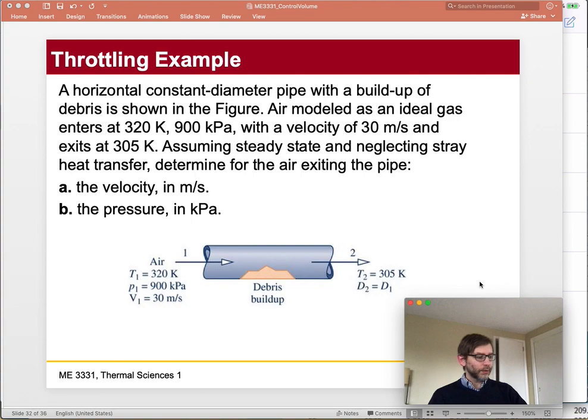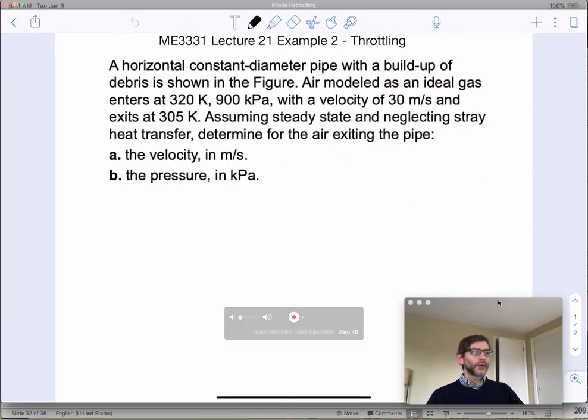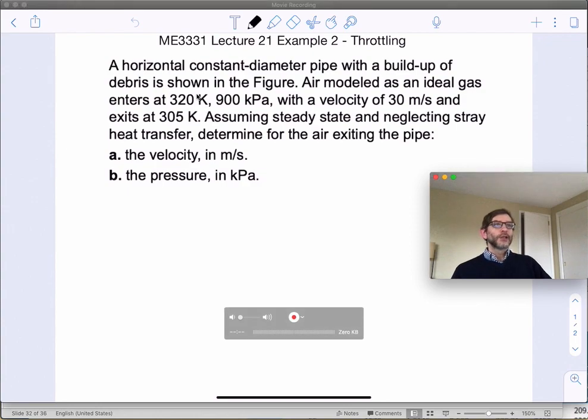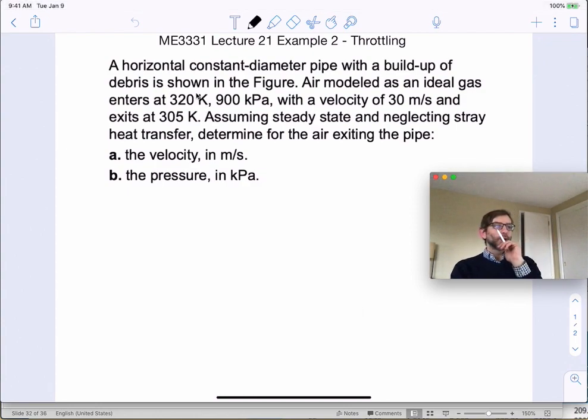A horizontal constant diameter pipe with buildup of debris, so that means a clogged pipe, is shown in the figure on the slide. I posted the new slides recently.